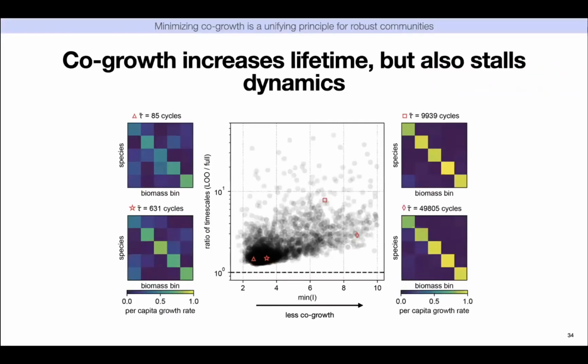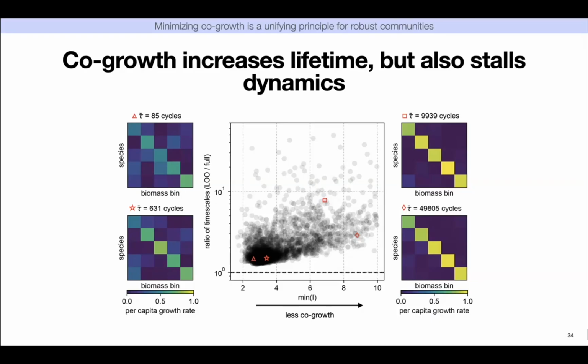So to leave you with one final question to ponder, I want to state a consequence, actually, of what happens when you drive a system too far to the extreme degrees of separated growth in time. In our definition of robustness, we were considering the time scale with which it takes for a community to reach a point of an extinction event. But we don't consider what then happens with the dynamics of that community after the loss of that species.